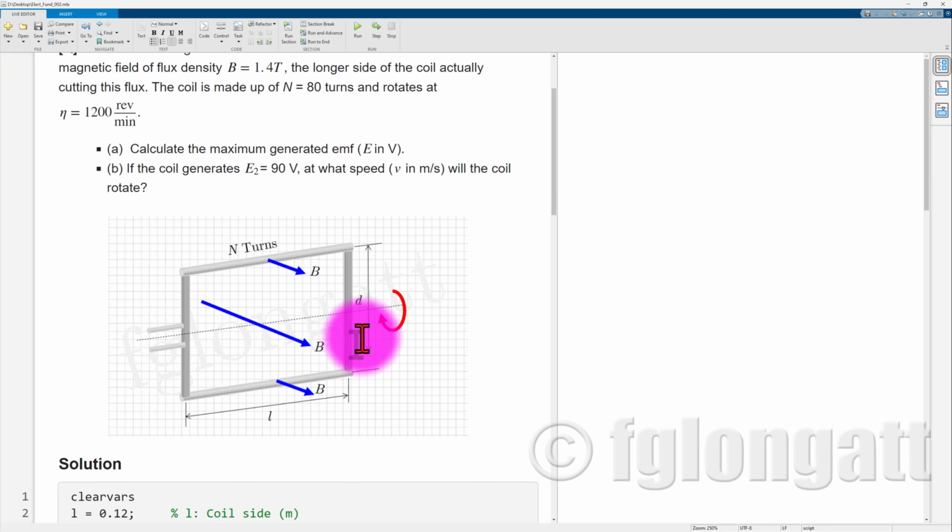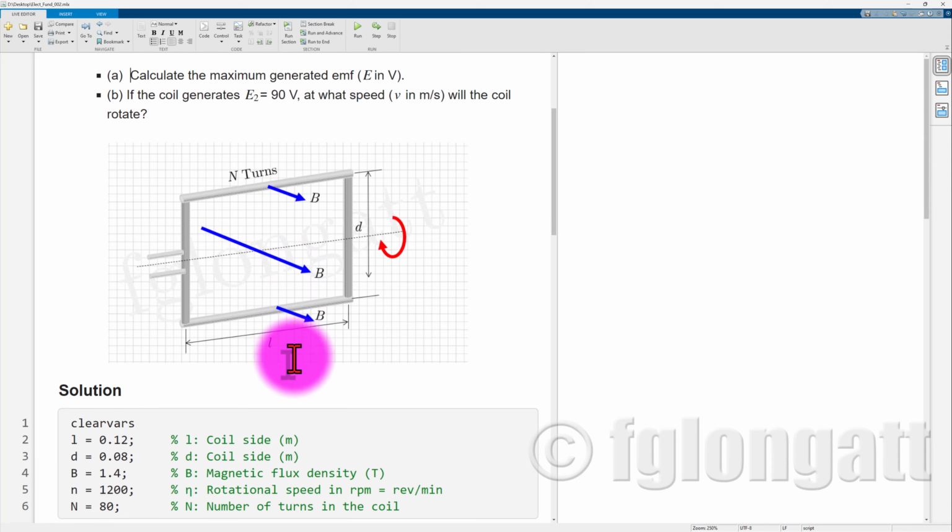As you can see, the situation is depicted over here. We have this rectangular coil. You can see that the longer side is L and the small side is D. And this is rotating inside this magnetic flux density that I use this blue arrow to represent.